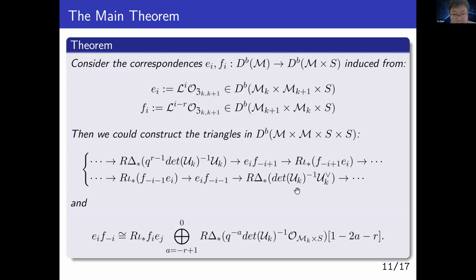The component here is just some sheaves supported on the diagonal. So let me explain what the delta and the morphism iota are.